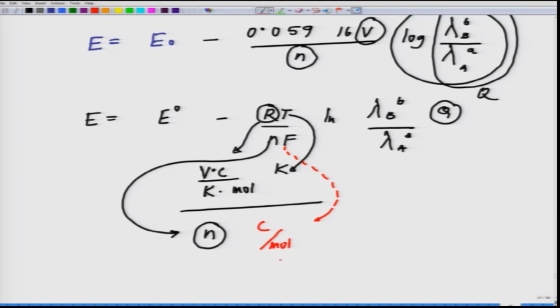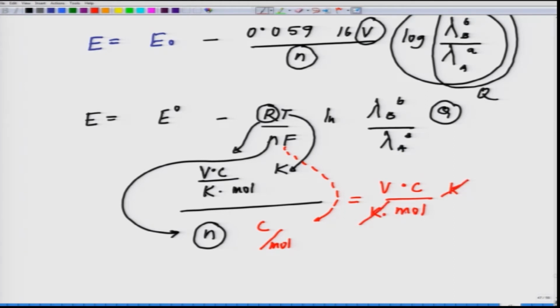So, if you now place it, unit analysis becomes V C upon mole K. You have another K here, so this K cancels.